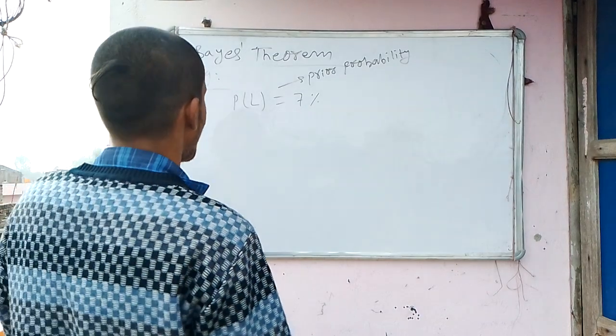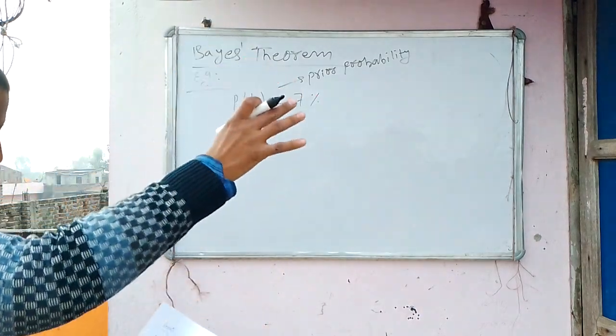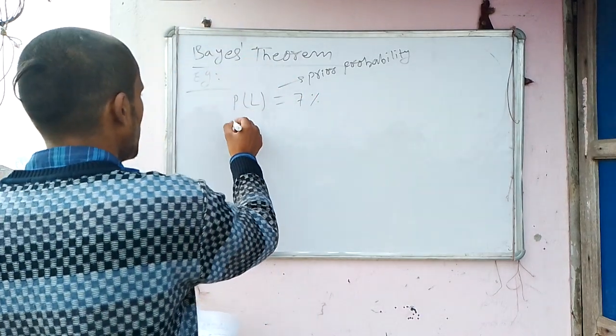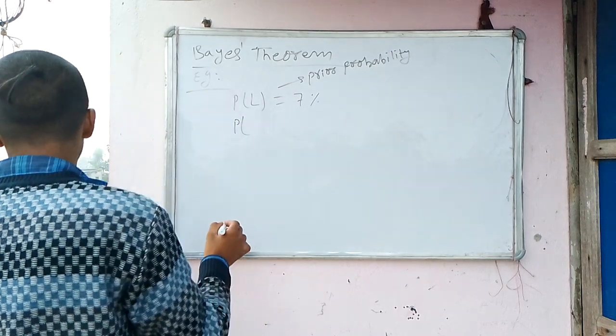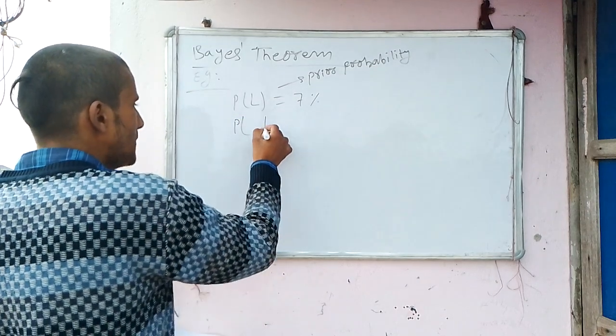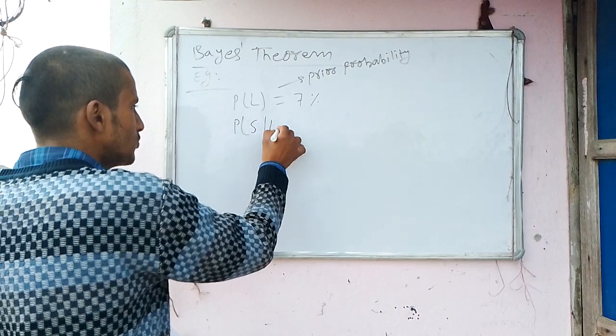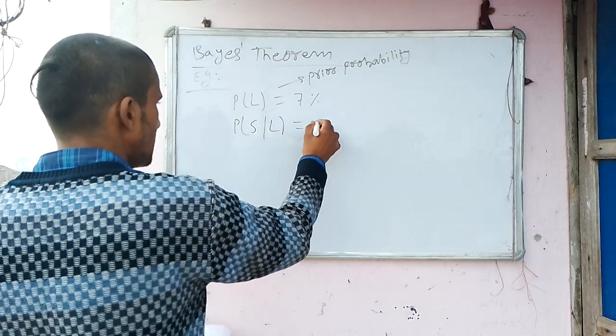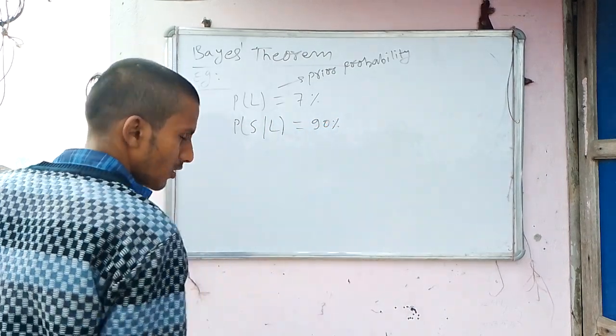You know it now. The probability of having lung disease initially is 7%, and among people who have lung disease, smokers are 90%. Pay attention.